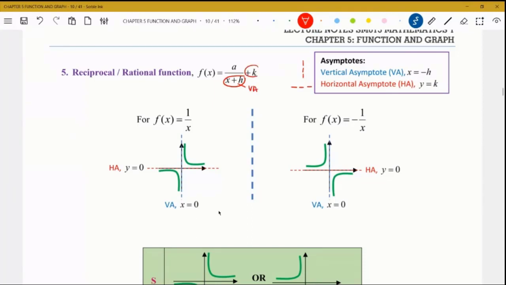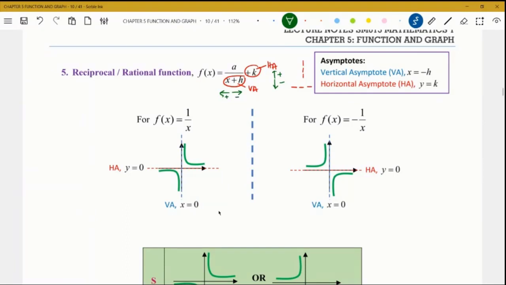Yang ini adalah horizontal asymptote. The same thing, this one will shift to the right or to the left. And then based on HA, we shift up or shift down. So ini plus, ini minus, sorry, this one should be plus, ini adalah minus.